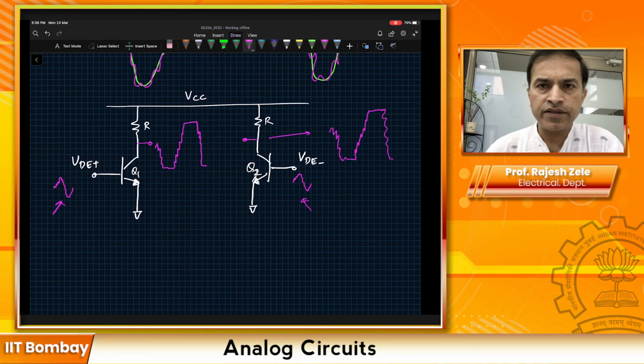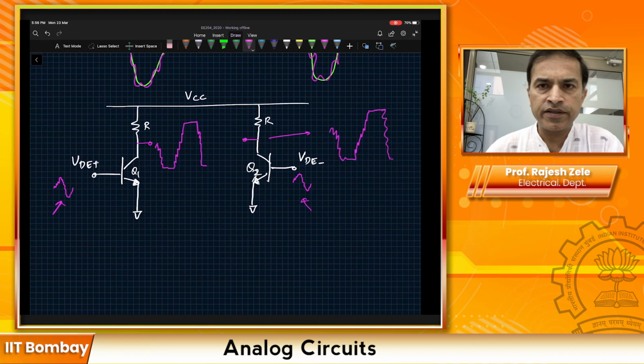It would amplify both signals, and since the common mode signal is large, it will amplify that too and drive the amplifier into clipping. This circuit behaves differentially: we have differential input and differential output. However, the common mode part is not rejected. The common part, which is on VDE plus as well as VDE minus, is not rejected. It will amplify both of them, and it will get in trouble.